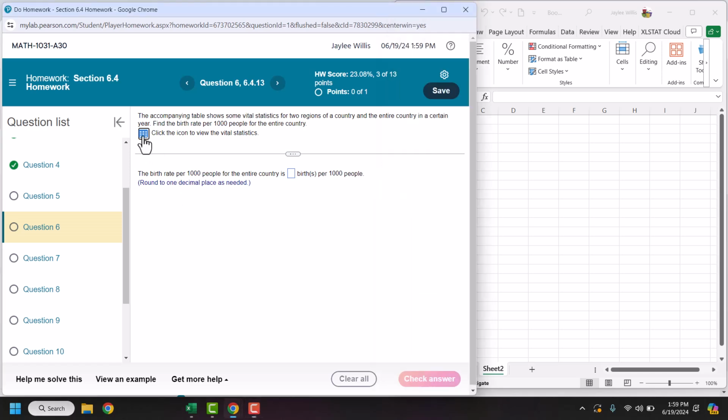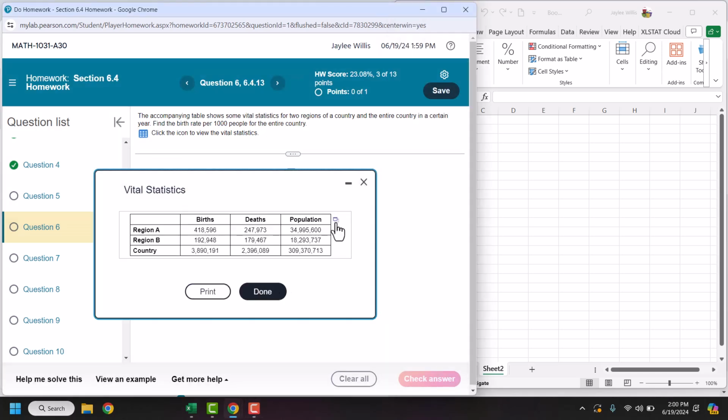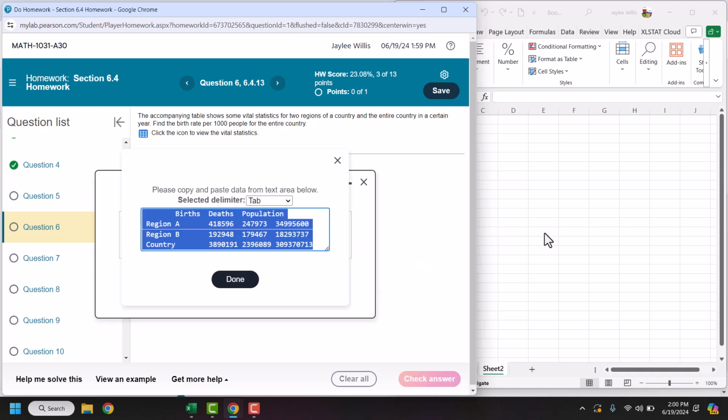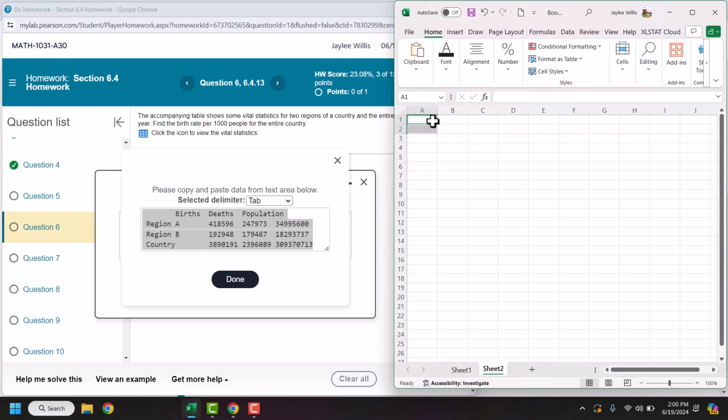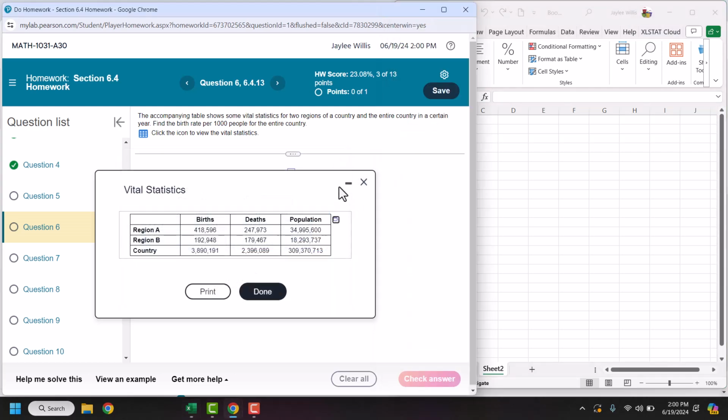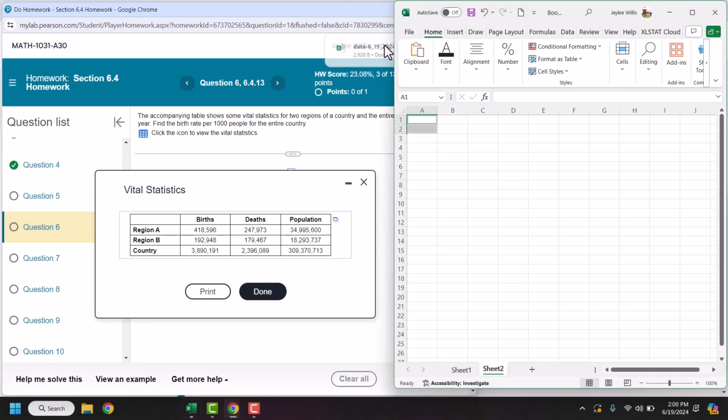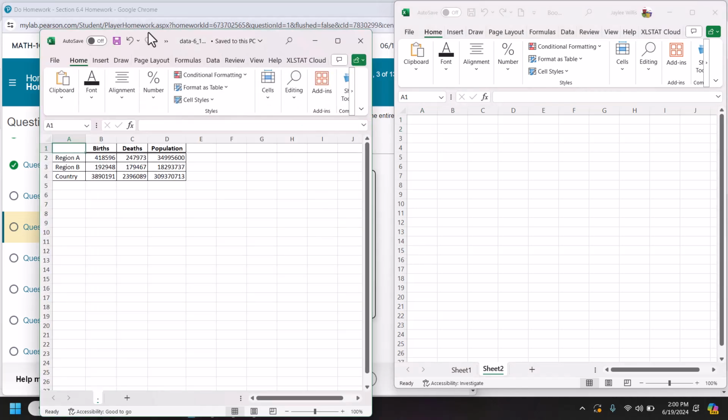So, to solve this problem, I'm going to download the table. Let's see if I can copy and paste it. No. Okay, I'll just download this really quick to Excel. Okay, awesome.